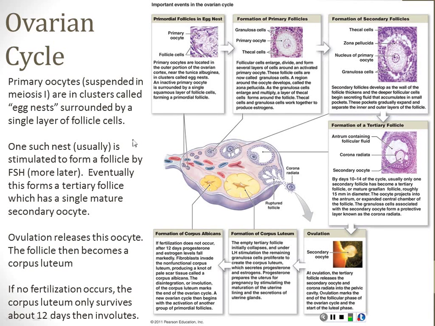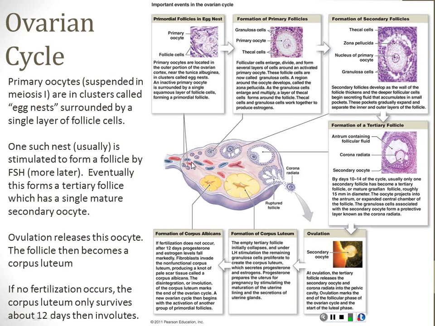Okay, so the ovarian cycle is all about the production of an ovum and then the preparation for pregnancy following the release of that ovum, which we call ovulation. All right, so the cycle begins as what we call primordial follicles in an egg nest, which is just what it sounds like.